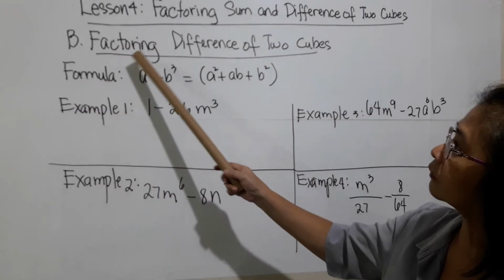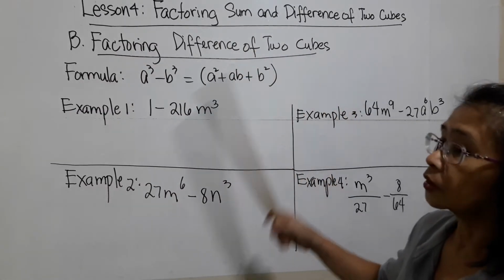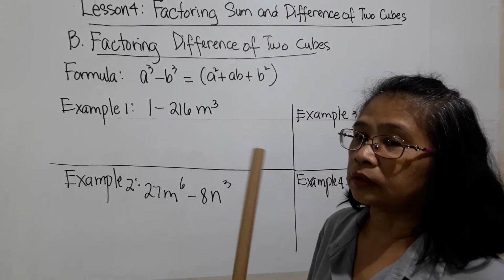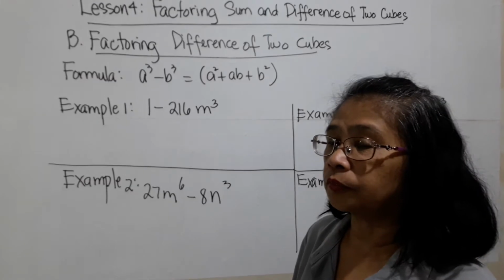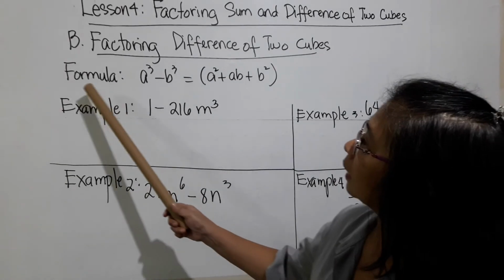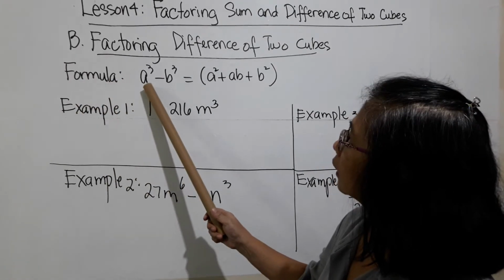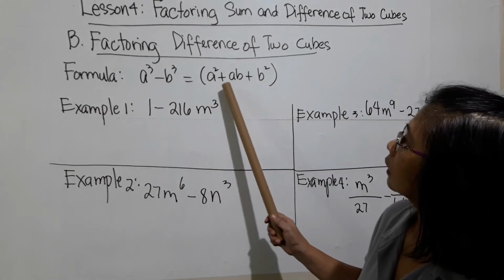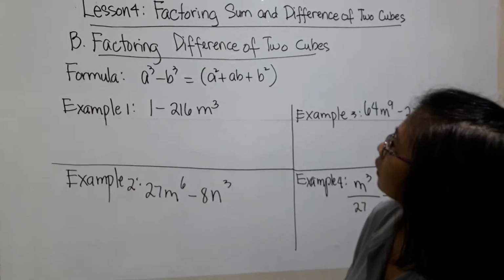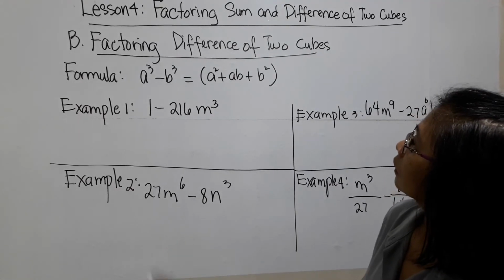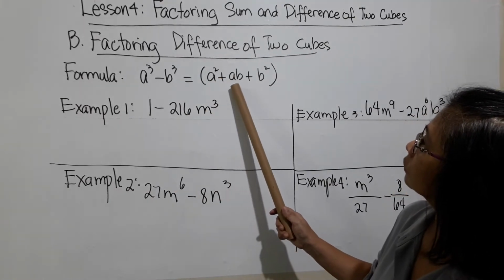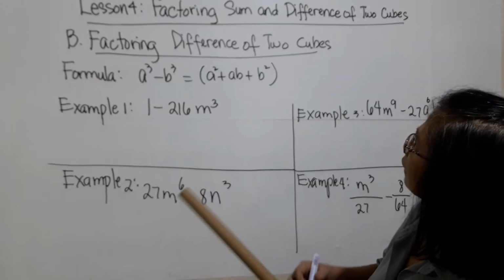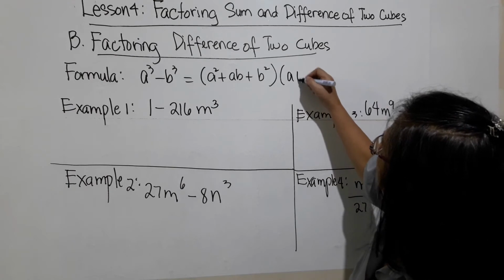Now we have factoring difference of 2 cubes. So you know already how to identify the terms whether it is a perfect cube or not. So we will be guided with the formula a cubed minus b cubed equals... I forgot something here, sorry. The first factor should be a minus b, times a squared plus ab plus b squared.